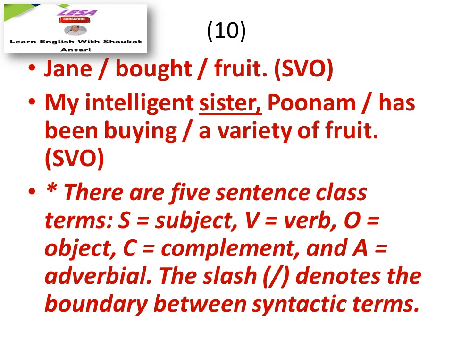While summarizing this video, I must tell you that there are five sentence class terms. S stands for subject, V stands for verb, O stands for object, C stands for complement, and A stands for adverb or adverbial word. And the slash denotes the boundary between syntactic terms, like this one, slash, this one, slash.